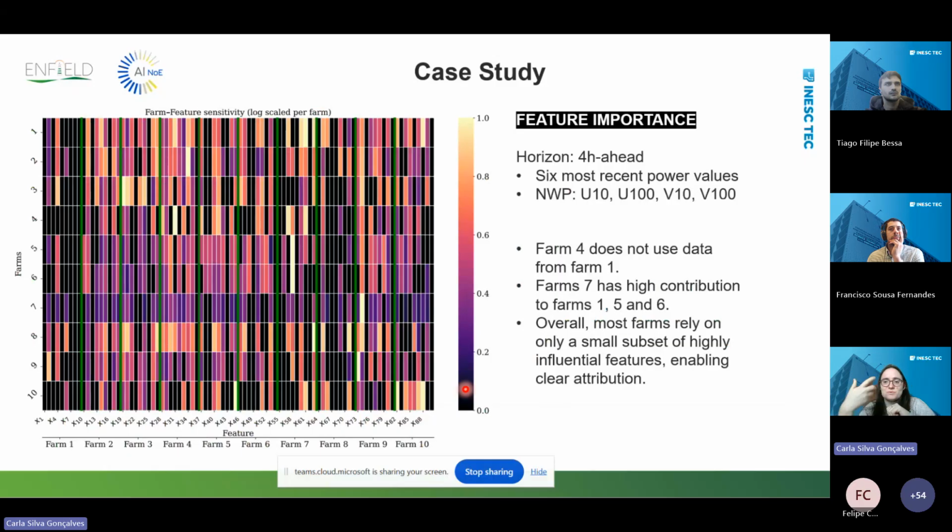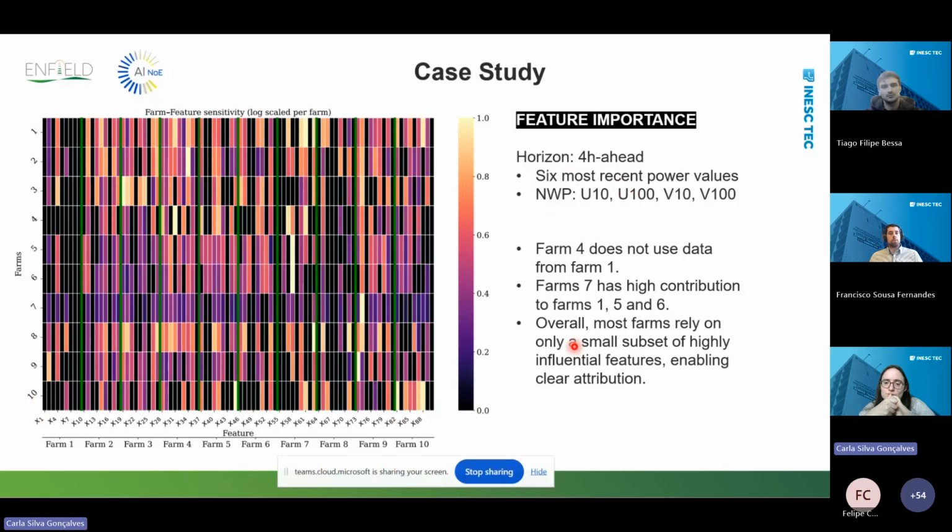Now, in terms of feature importance, because we also want to have this kind of analysis, here is an example when we do the 4 hours ahead, with these combined 6 most recent power measurements and numerical weather predictions. The black values mean that, for example, the features of farm 1 did not contribute to farm 10, etc. So in general, what we see is that farm 4, for example, does not use data from farm 1.